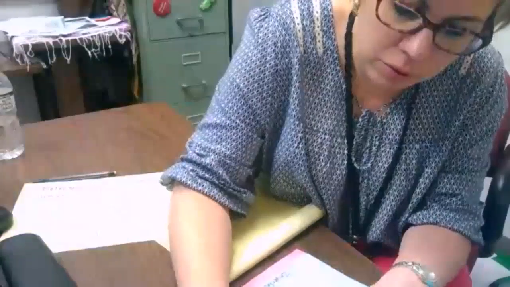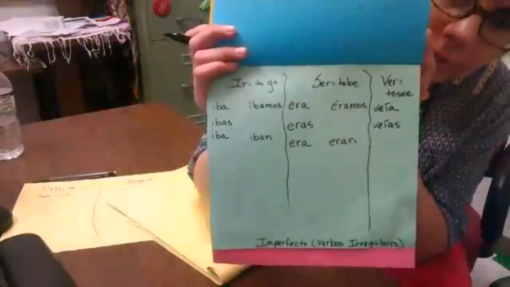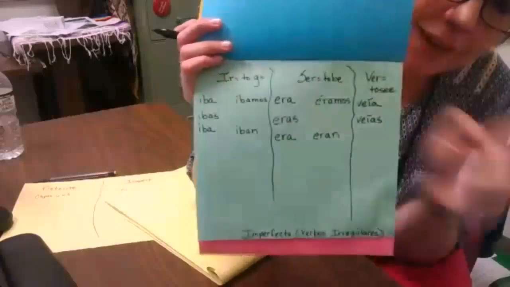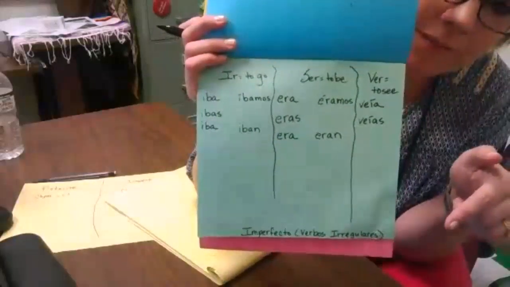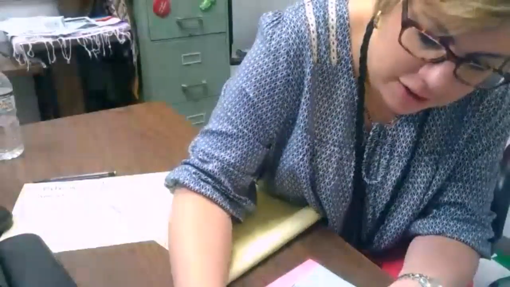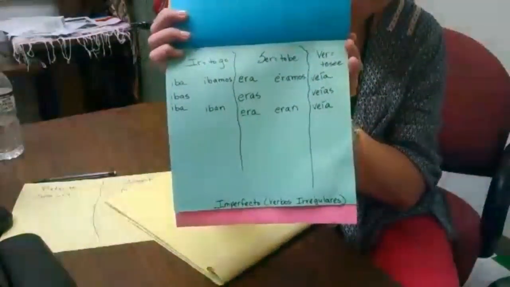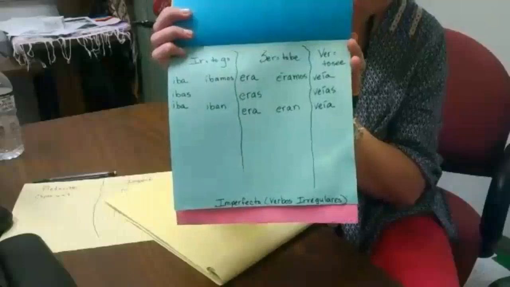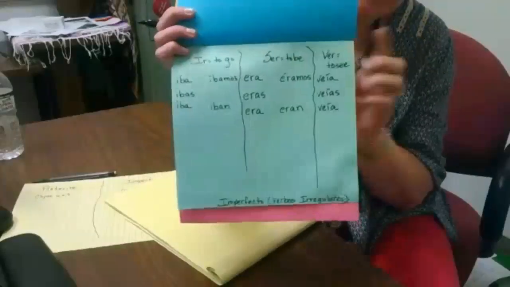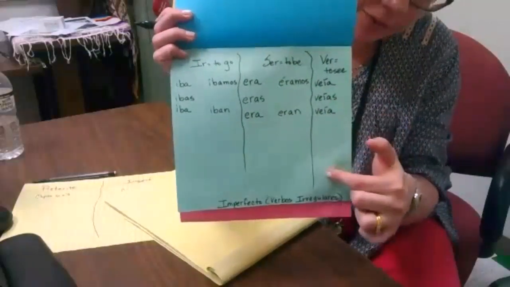Tú veías, you used to see. Guess what? Third person singular? Same as the yo form. Él, ella, and usted veía. He or she used to see, you formal used to see. Now, I can't go across because I'm out of room, so I'm just going to keep going down my paper.